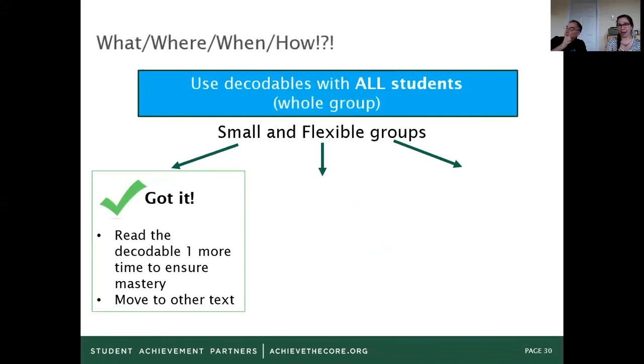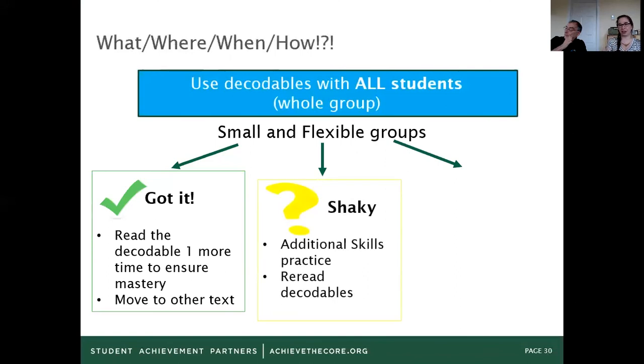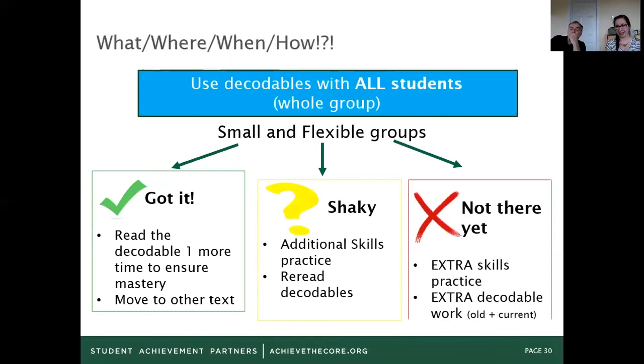They read one more time to make sure they're keeping pace and they move on to other things. Extra practice or extra rereading for students who are shaky, and even more practice for students who aren't there yet before those students can be moved on. So doing this very fluidly in order to help them continue to fill in their gaps and hopefully move into the got it category as soon as they are able.